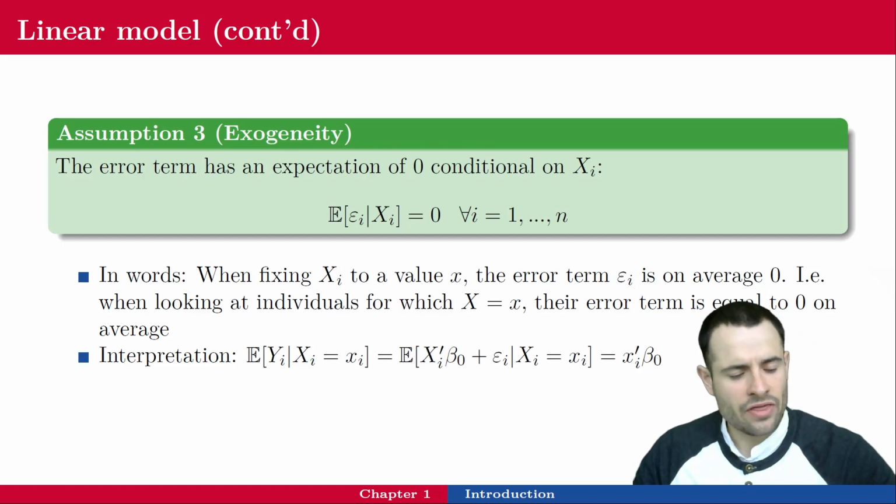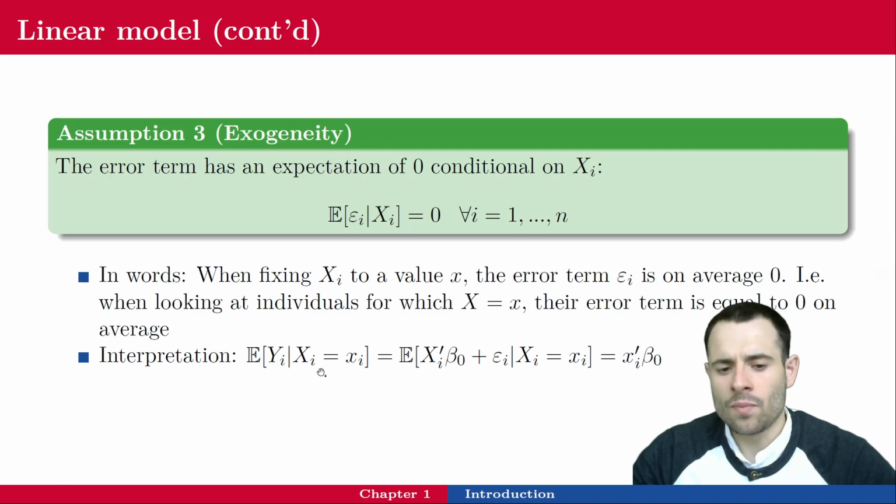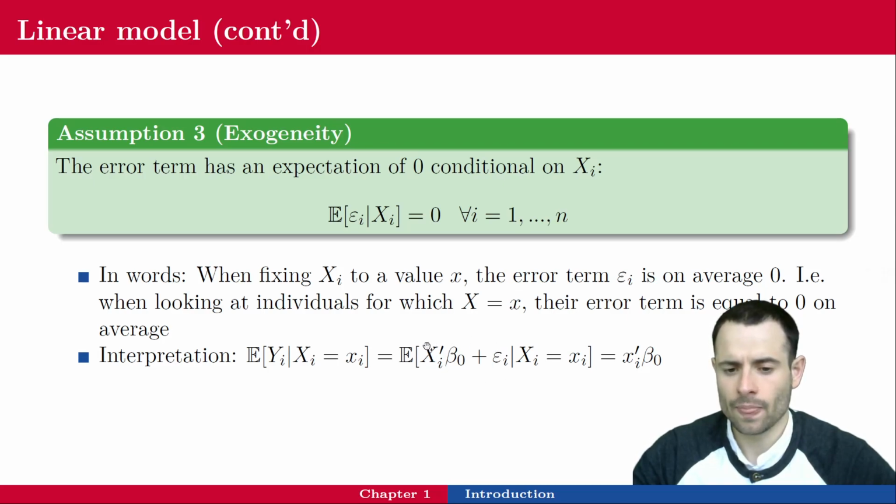Thanks to this condition, if I look at the conditional expectation of y given x, so if x is fixed at a small value xi, then the average of y will be equal to the average of xi prime beta 0 plus epsilon i. This is just replacing by the expression from assumption 1. This is yi by assumption.